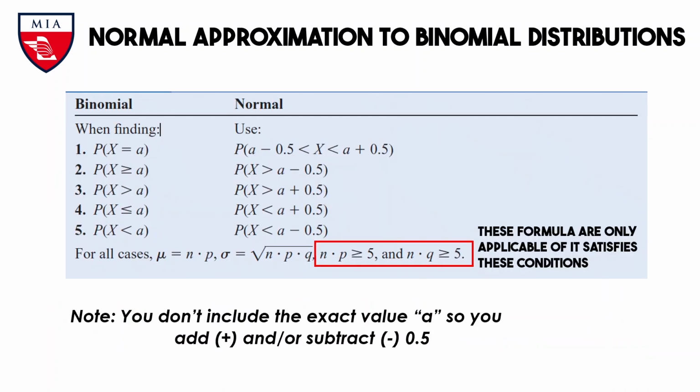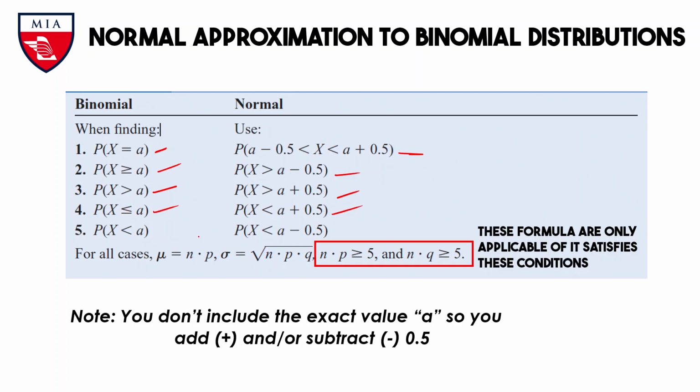So let's focus on this table. In order for us to find a certain value where the probability of x is equal to a, use this condition. If the probability of x is greater than or equal to a, use this condition. If the probability of x is greater than a, use this condition. If the probability of x is less than or equal to a, use this condition.